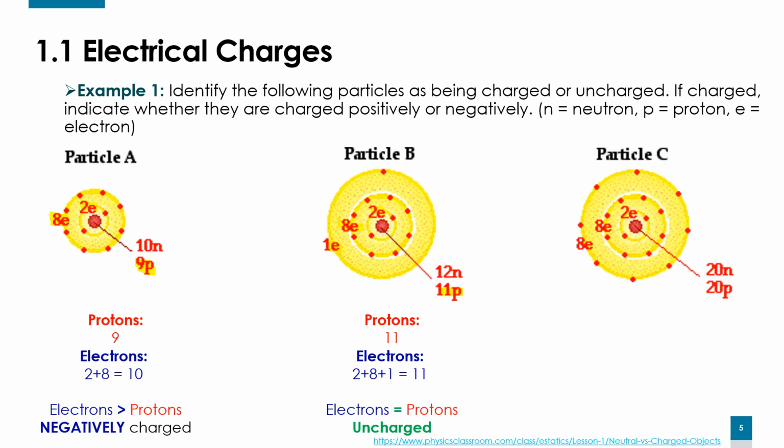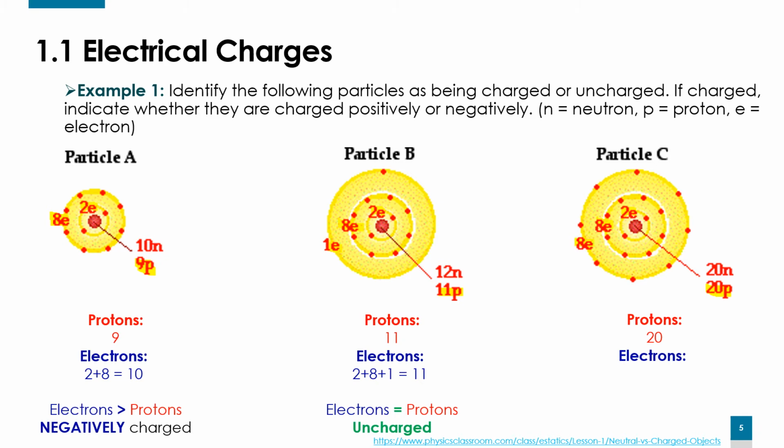Okay, next one, C. How many protons do I have? 20. How many electrons do I have? Say it loudly. Let your mom and daddy think you are crazy. That's okay. Answer to me. How many electrons? 2 plus 8 plus 8.